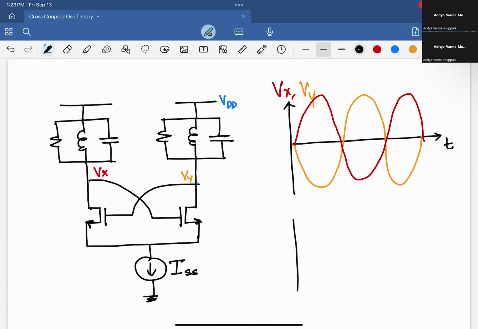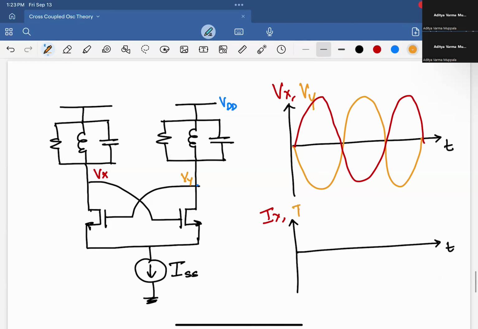And then if we plot the current, Ix and Iy, what do the currents look like? The current actually looks a bit different. So when Vx is large, current in Iy would be high, right? So that should be like this. Almost looks like a square wave.